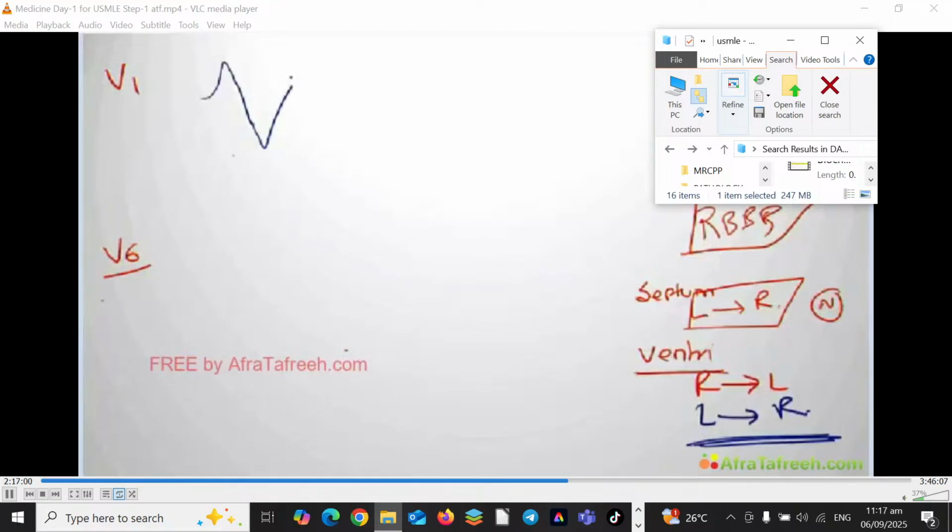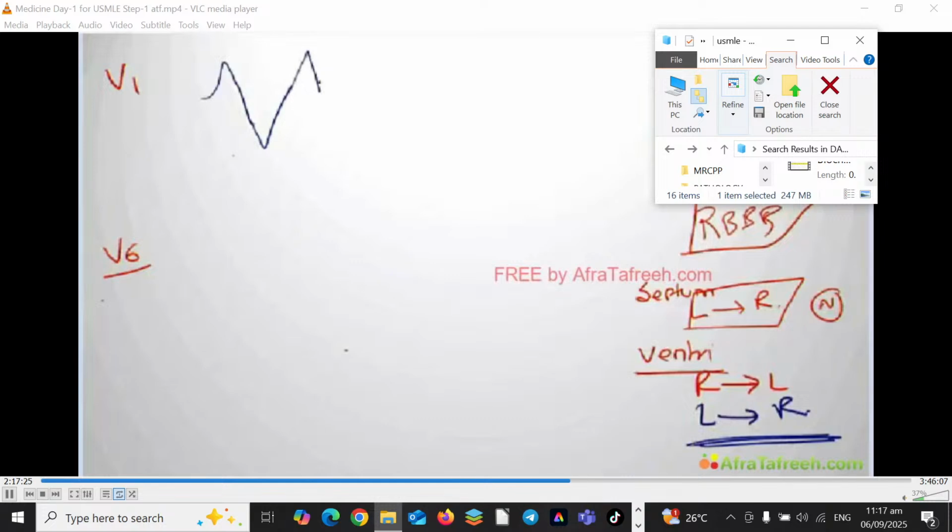Because of this, it gets activated slowly, and now where is the conduction happening? It is happening from the left side to the right side. As it is happening from the left side to the right side, it will result in a positive deflection.